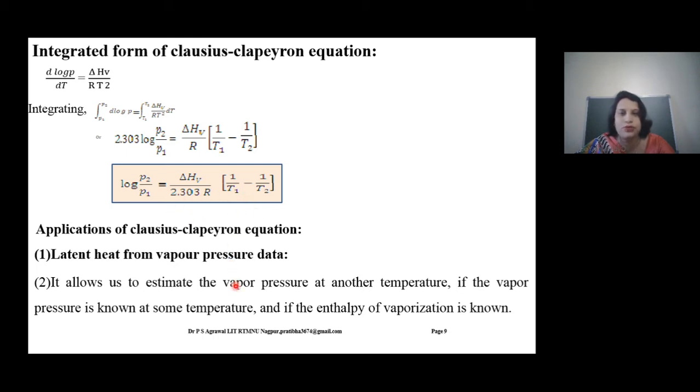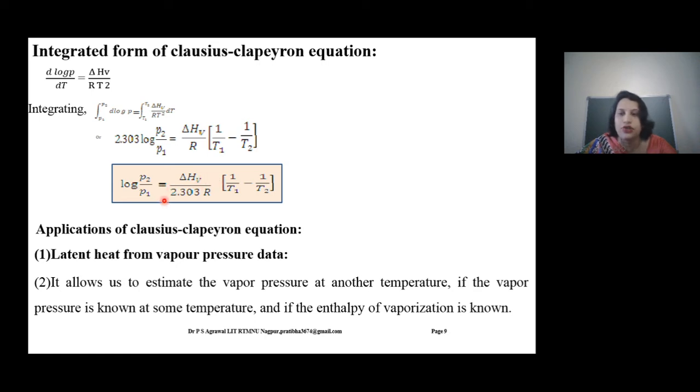Now what are the applications of this equation? Its application is finding latent heat from vapor pressure data. Suppose vapor pressures P1 and P2 are determined at two temperatures T1 and T2, then it is possible to calculate the molar or specific heat of vaporization. It is also possible to calculate delta H graphically.